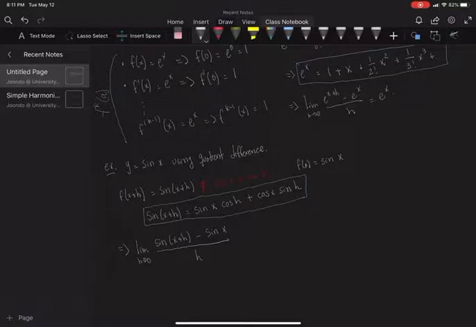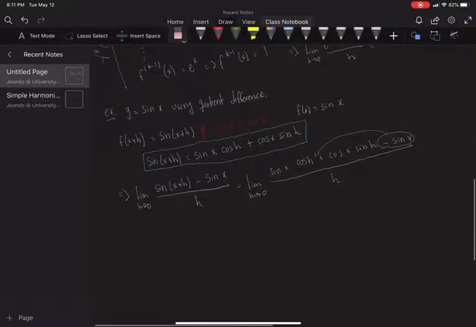And this, by the addition theorem, we can prove is the limit as h tends to 0 of sine x cos h plus cos x sine h minus sine x over h. Okay, so the trick is that we move this thing here to right over here.